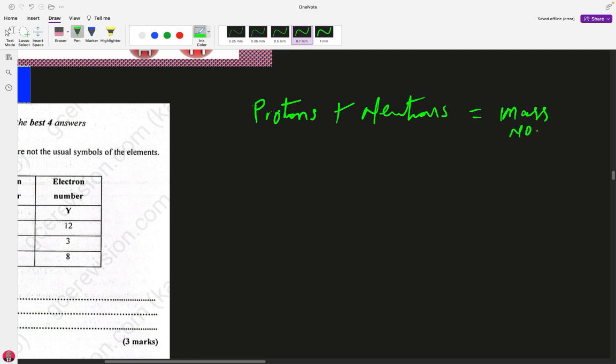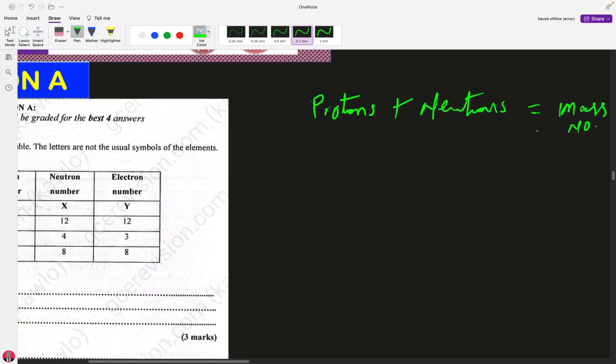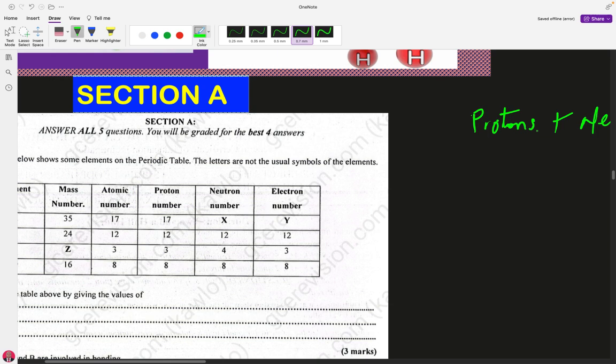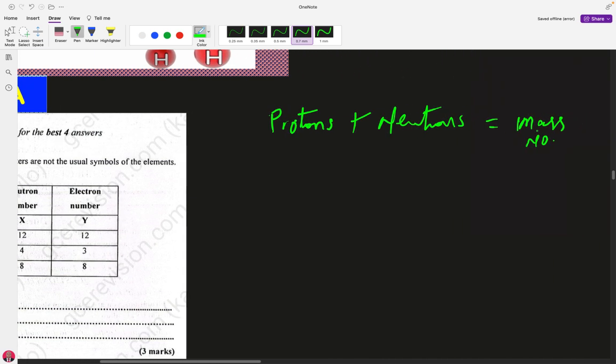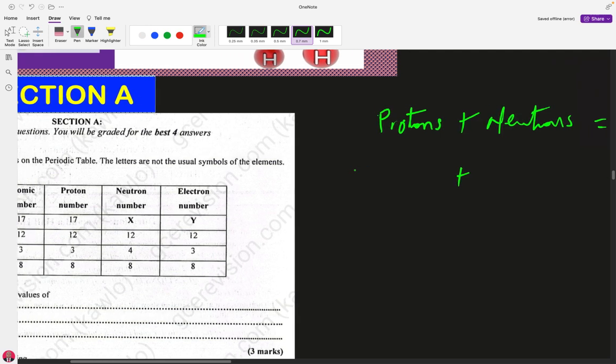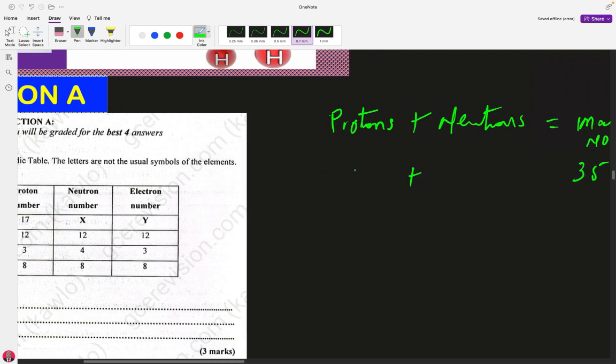We have been given the mass number to be 35, and the number of protons to be 17, and the number of neutrons to be x.